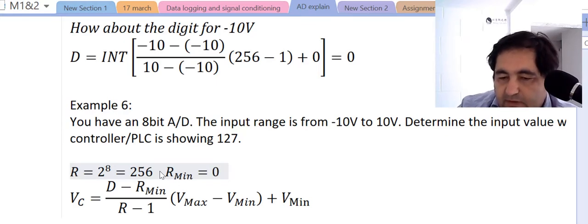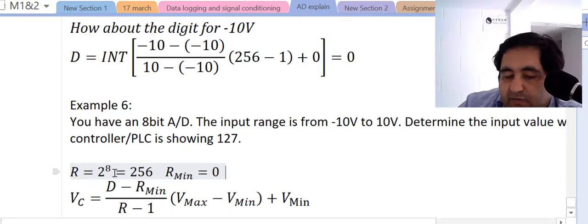Okay, and then R max is going to be the maximum that we can. Well, we don't need R max, we have R. Now D, well, how much is D?